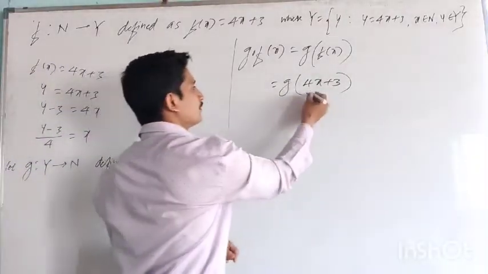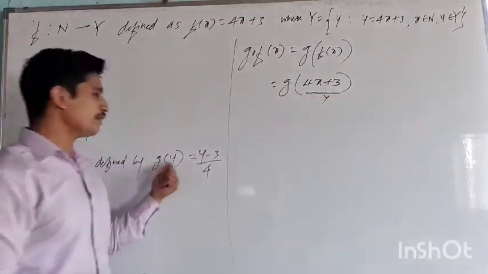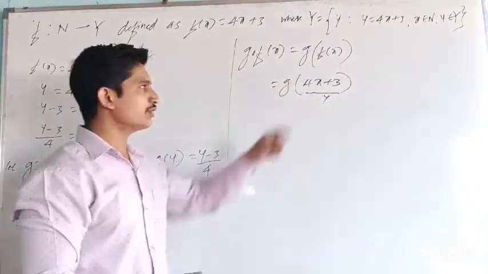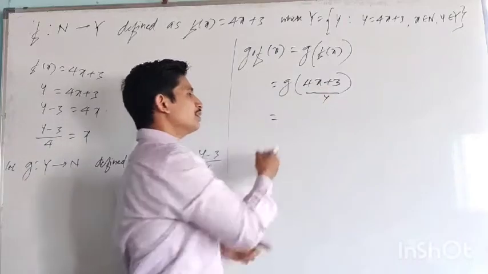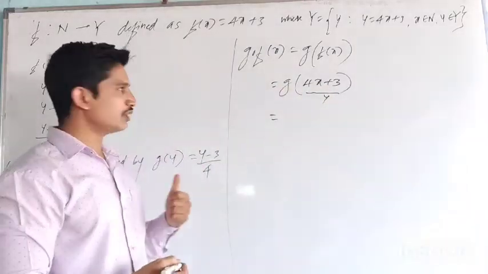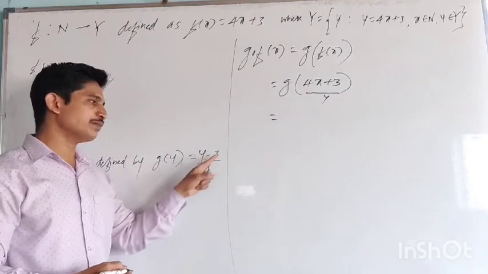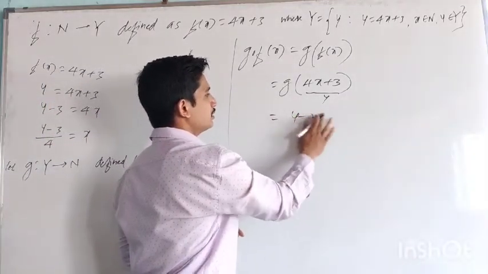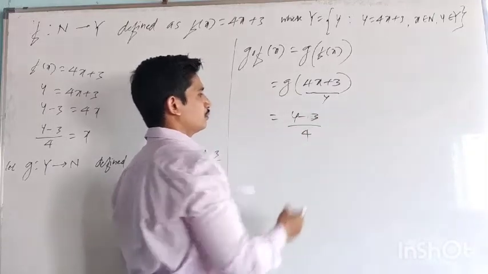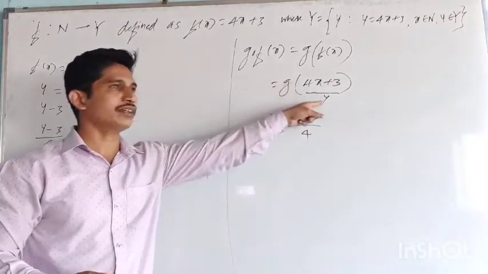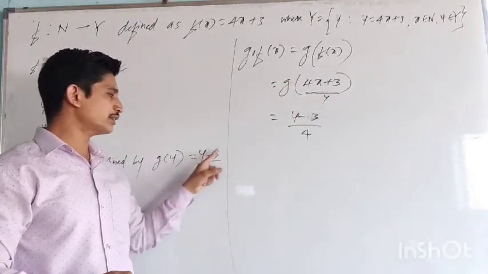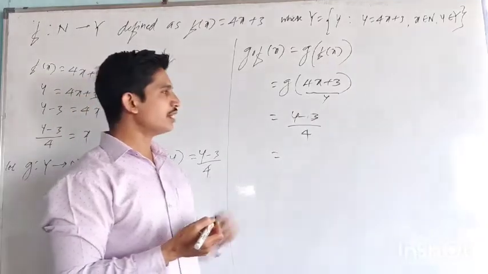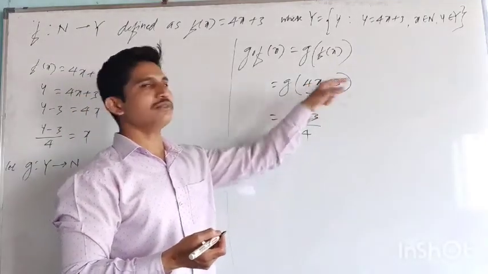Now g of y. So what is the value of y? The value of y is 4x plus 3.